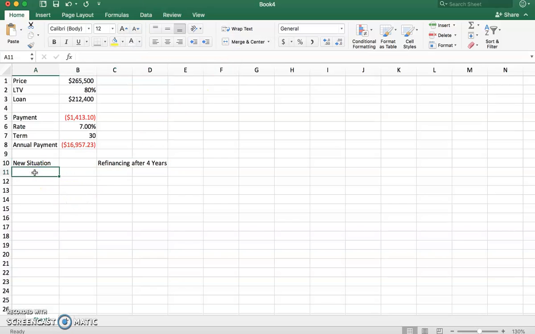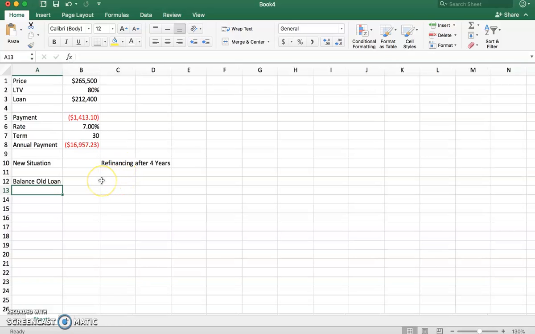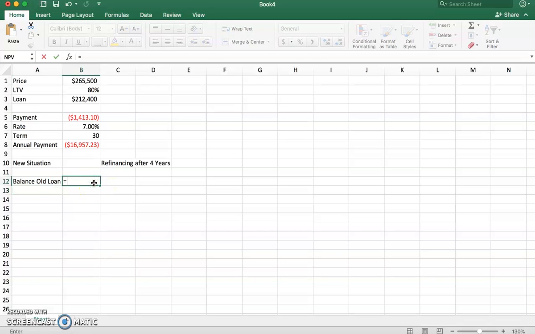All right. So let's go ahead and calculate the balance of the old loan after those 4 years. I'm just going to say balance old loan, it's a little easier. For this, we're going to do a present value function, just PV. We're going to take our rate of 7% divided by 12 again.